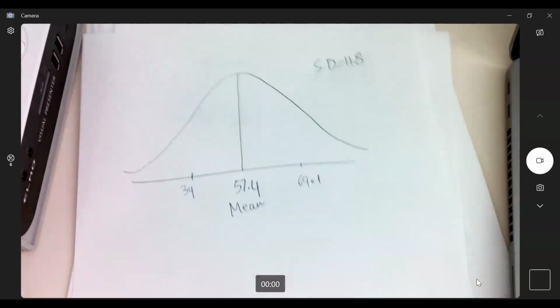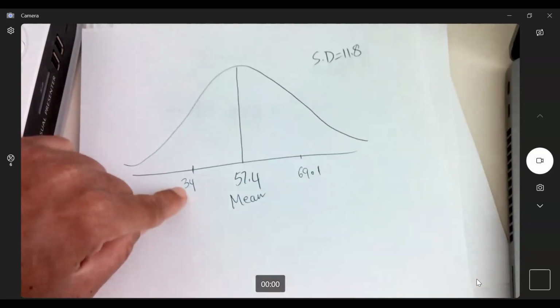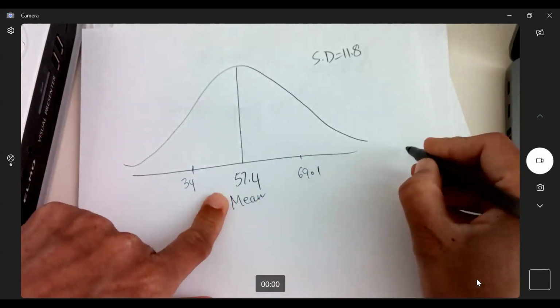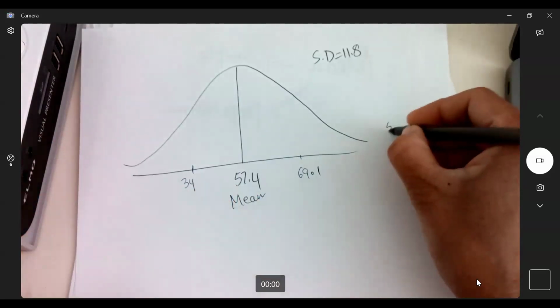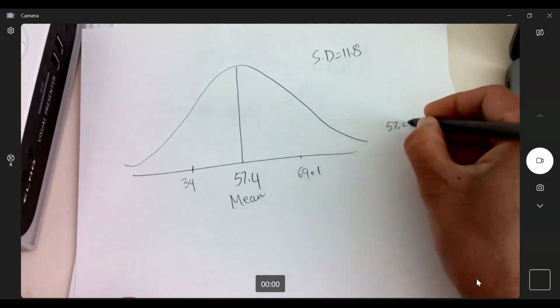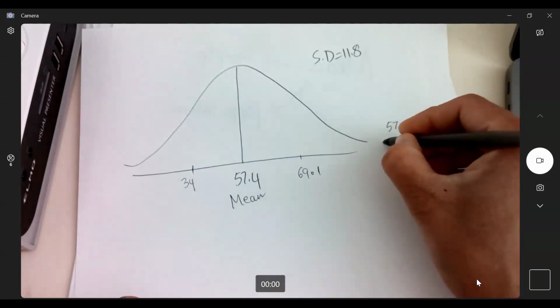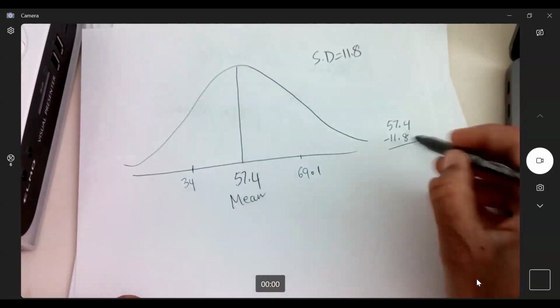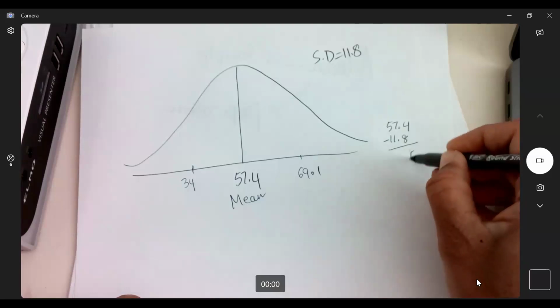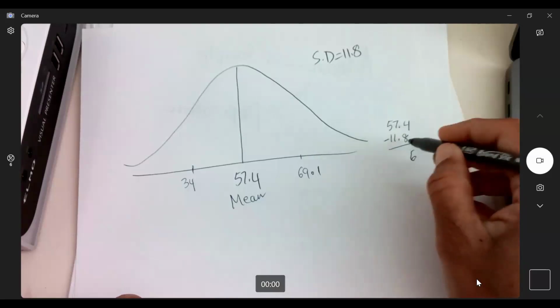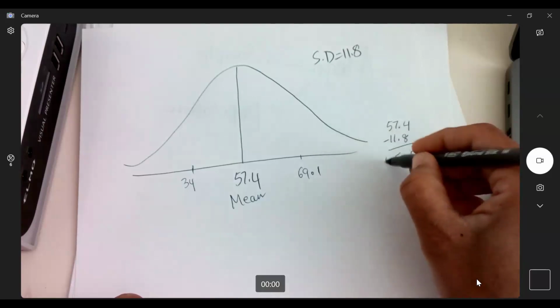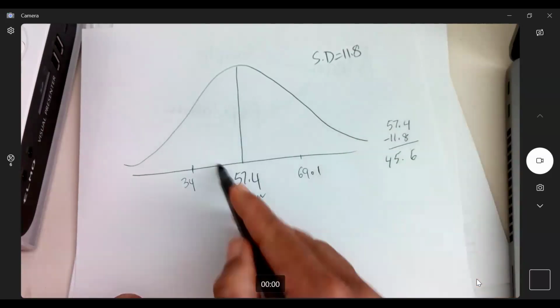Now, in the scratch work, if I am starting from the mean of 57.4 and I go below 1 standard deviation, meaning I subtract 1 standard deviation, what number do I get? If I do the subtraction, I will get about 45.6. That's going to be somewhere here.